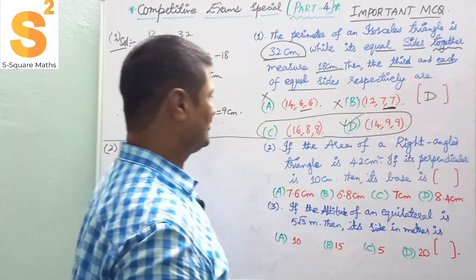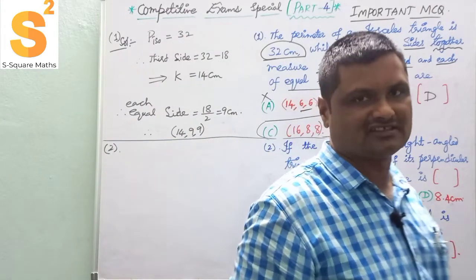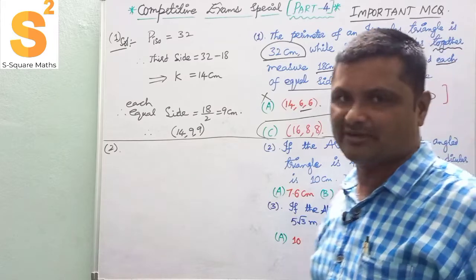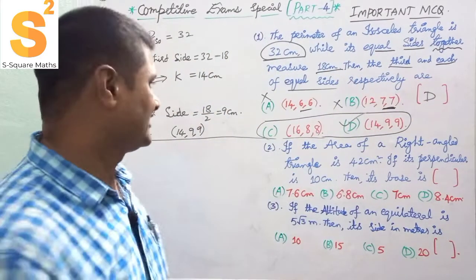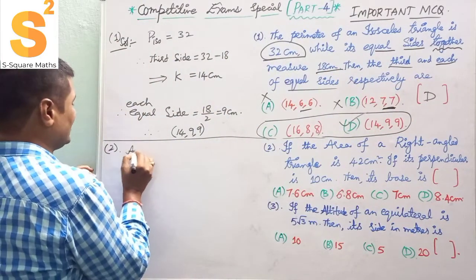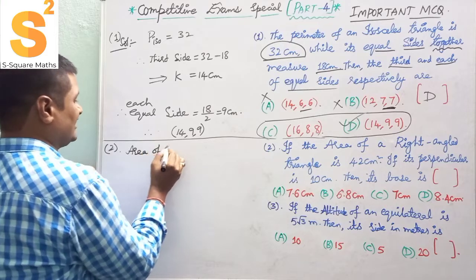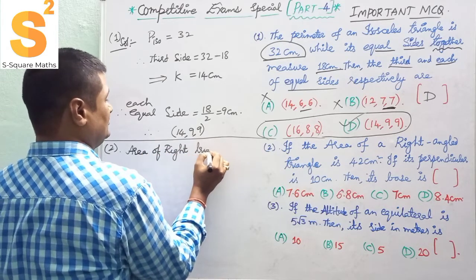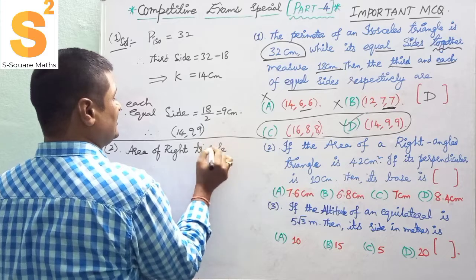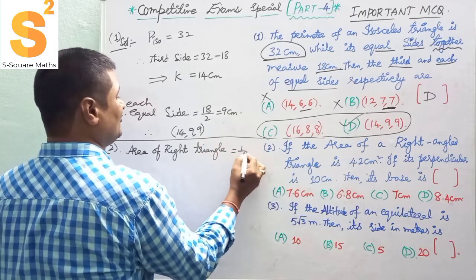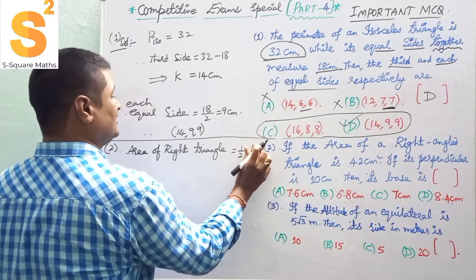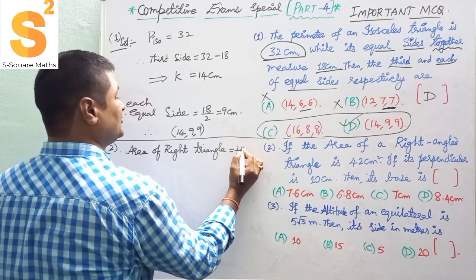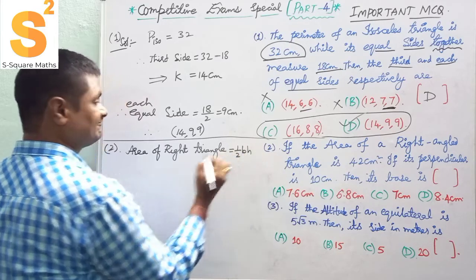The second one given is: the area of a right angle triangle is given as 42 centimeters square. If its perpendicular is 10 centimeters, then its base has been asked. So the area of a right angle triangle is given by half into base into height.